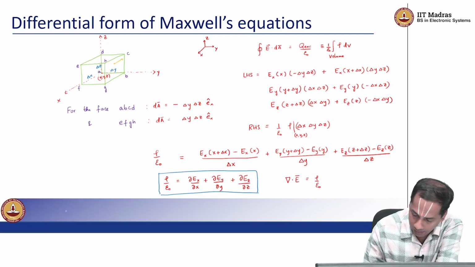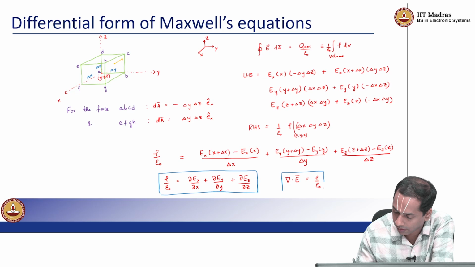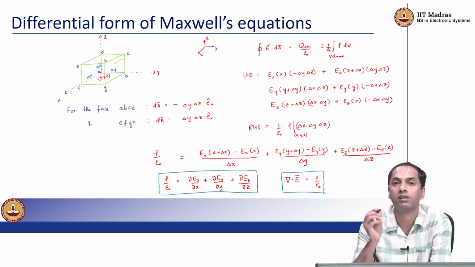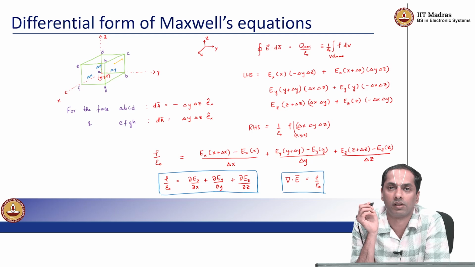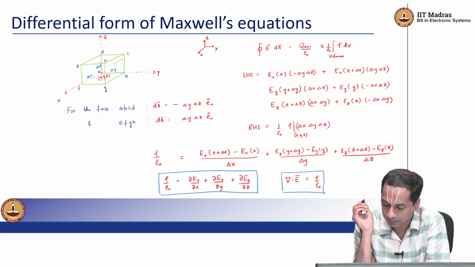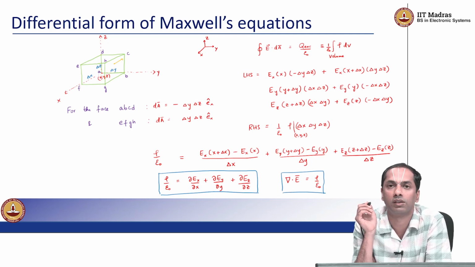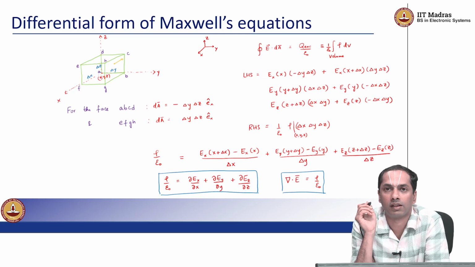So one can write in a very compact way the Gauss's law for electric charges by saying that if you took the divergence of the electric field E, it is simply the charge density at that particular location divided by epsilon naught.